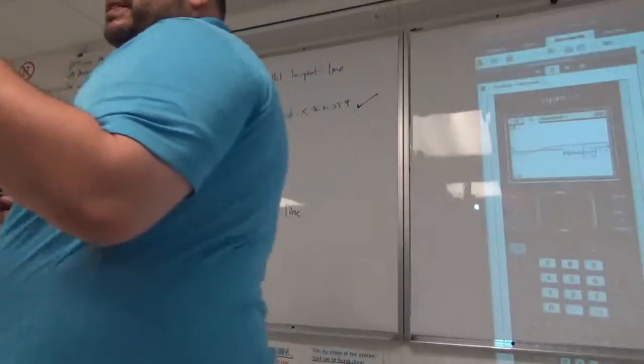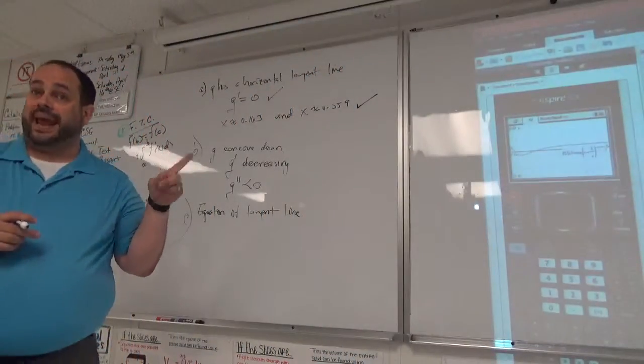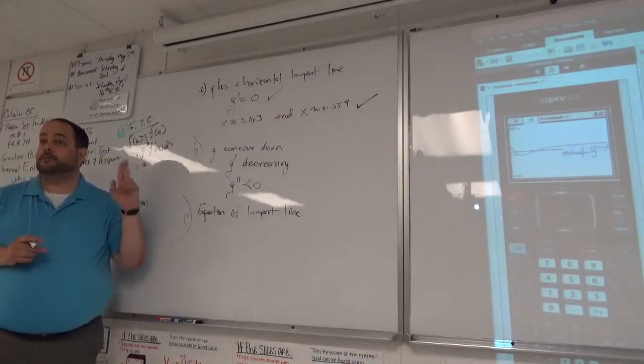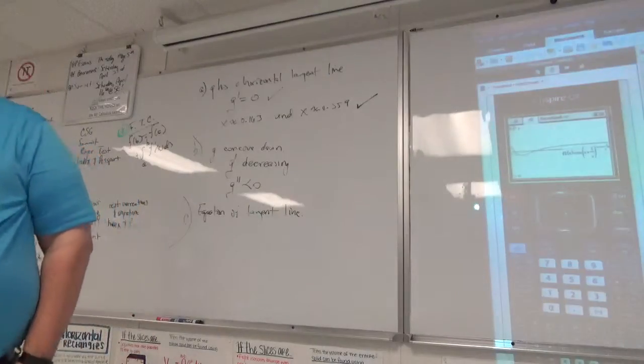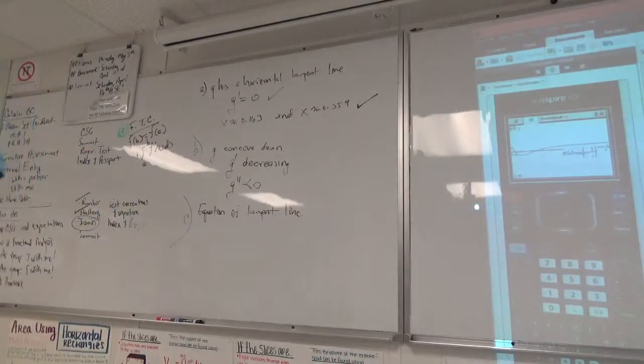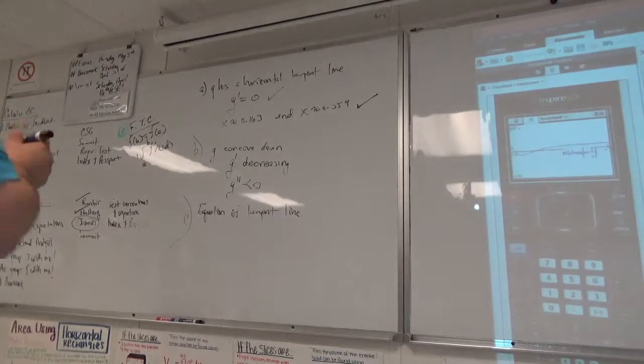If I want the equation of a tangent line, you need slope and a point. You need a very, very specific point.